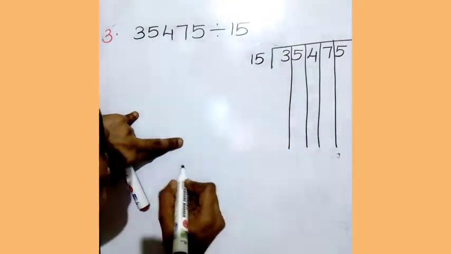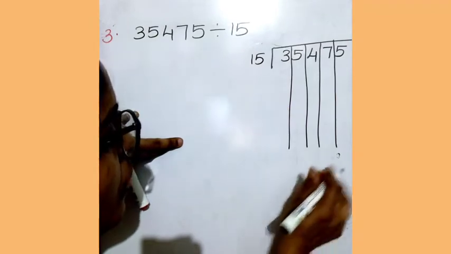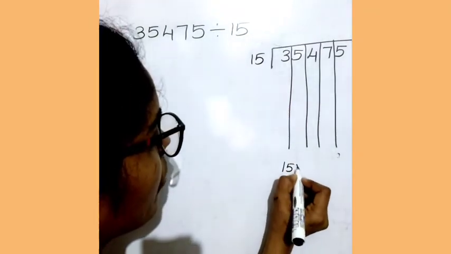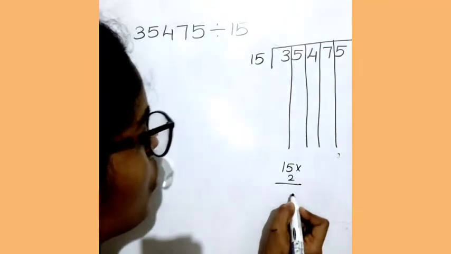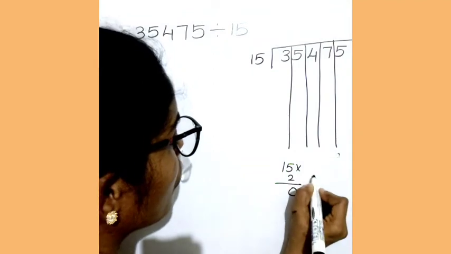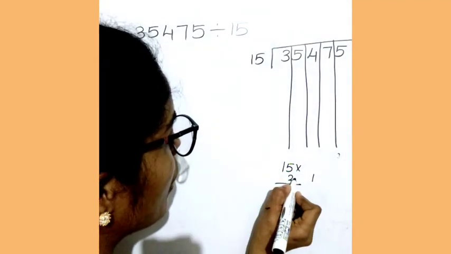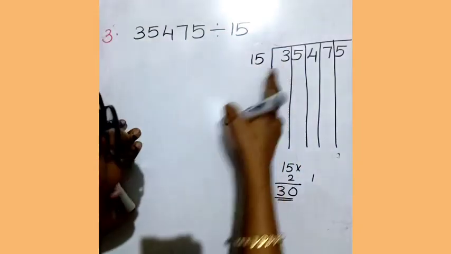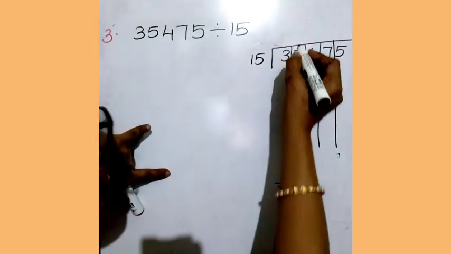How many times 15 in 35? We know that 15 into 1 equal to 15. We can find how many times, 2 times. 5 into 2, 10. Carry over 1. 1 into 2, 2. 2 plus 1, 3. 30. So I can easily divide this.